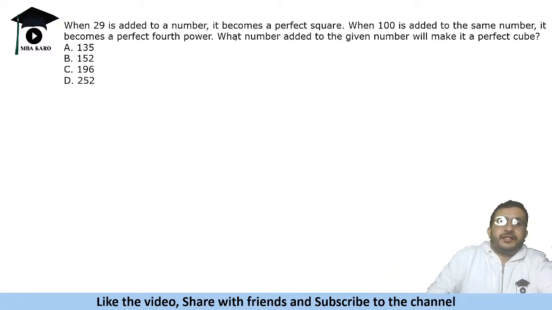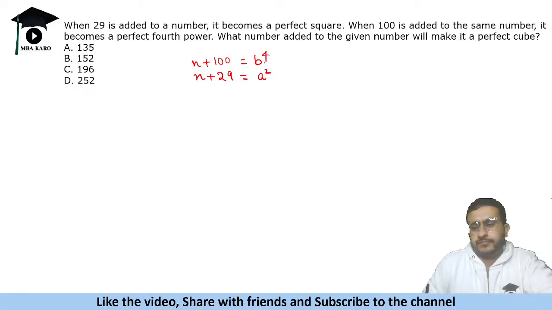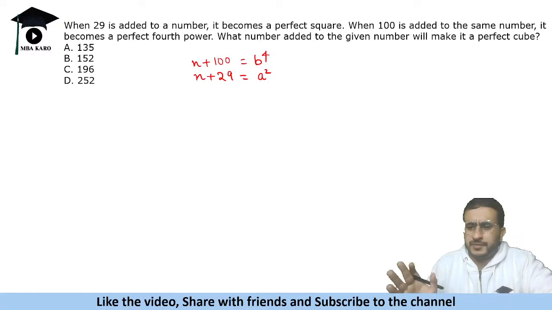So 29 is added to a number, it becomes a perfect square. Suppose the number is n. So n plus 29 is equal to a square. When 100 is added to the same number, n plus 100, that is b to the power 4, some perfect fourth power of some number.